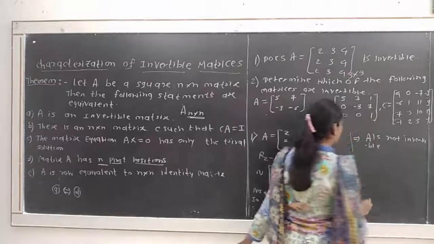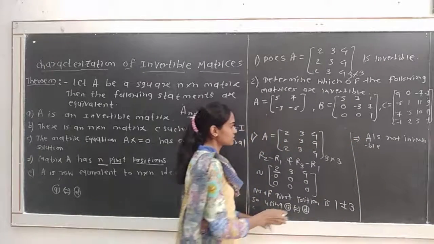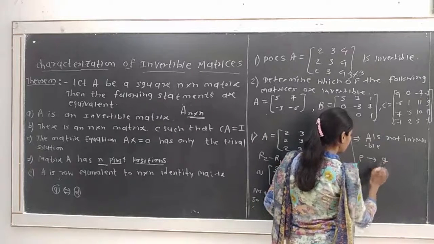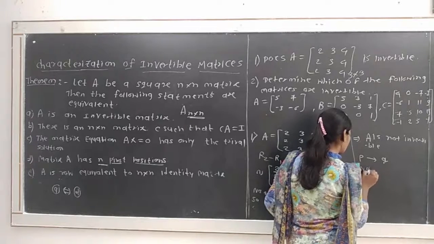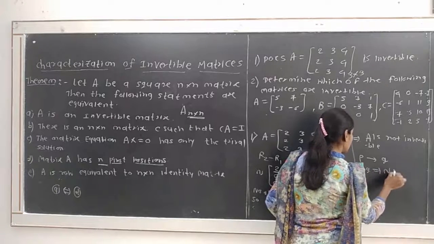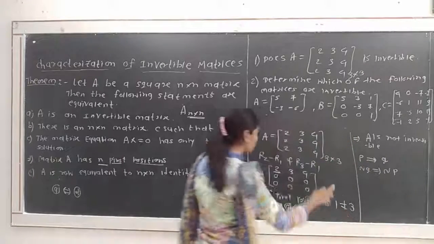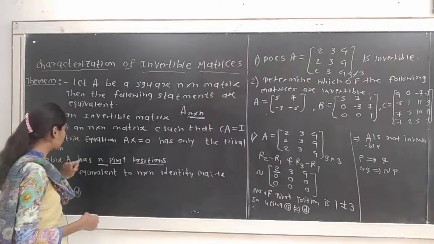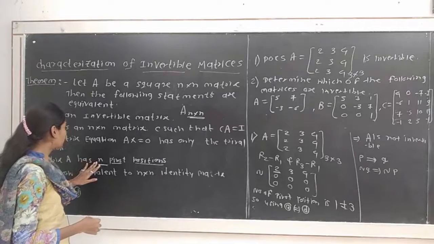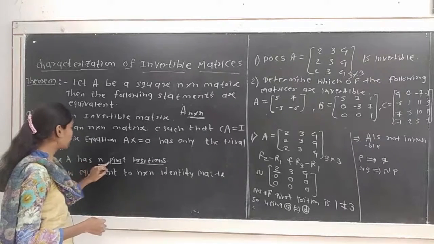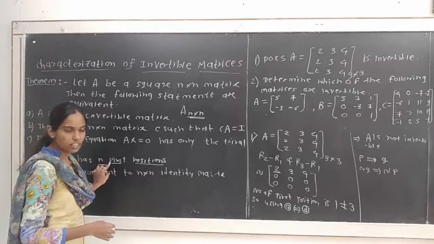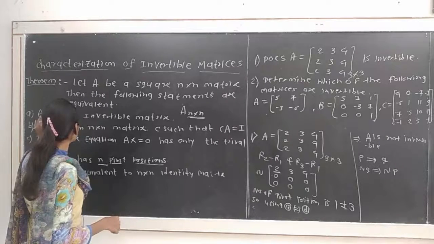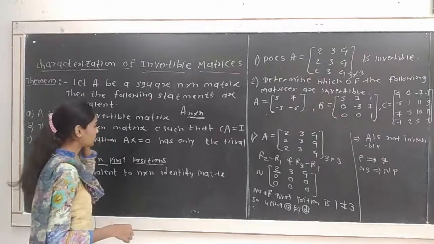We know the logical statement: P implies Q if and only if negation of Q implies negation of P. Here we use this logical equivalence. We consider the statement that matrix A does not have n pivot positions, that is, its negation, and from that, A is not an invertible matrix.